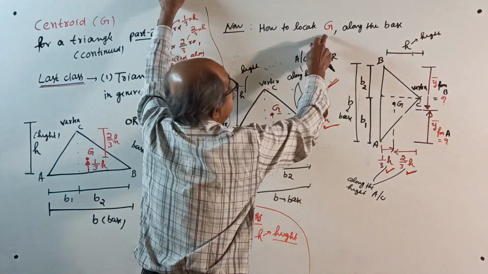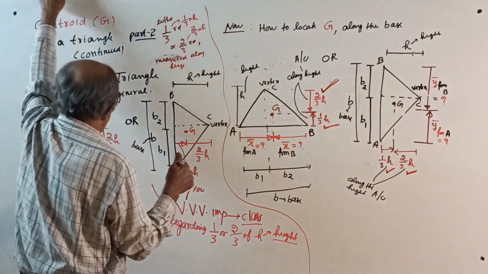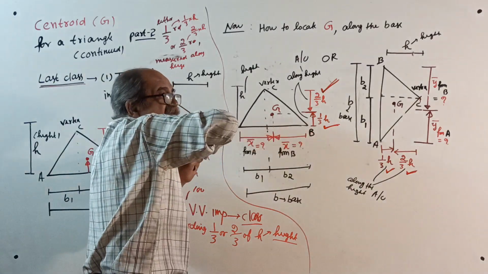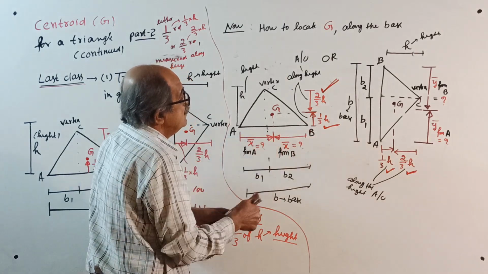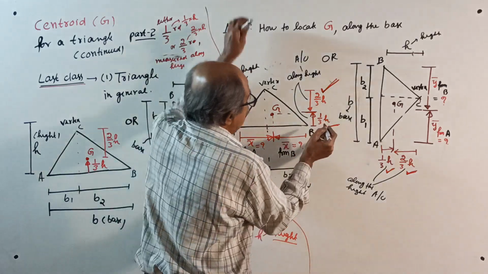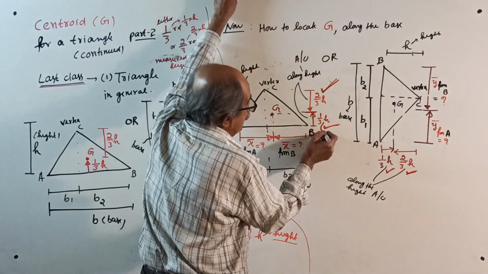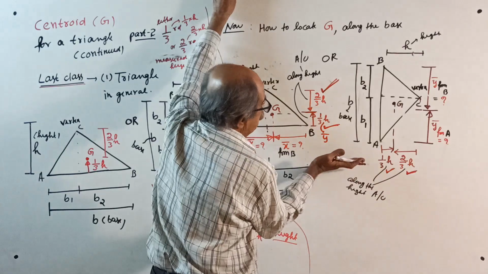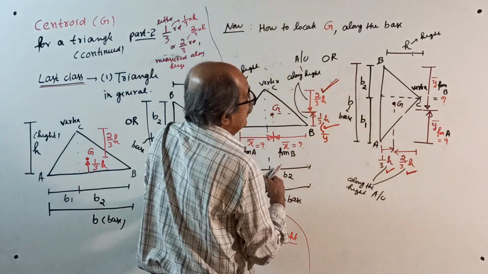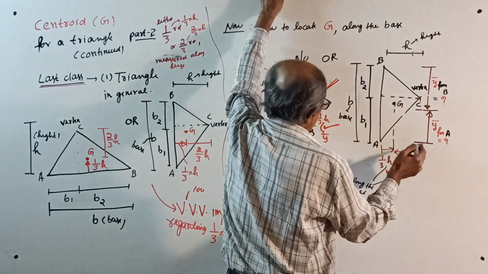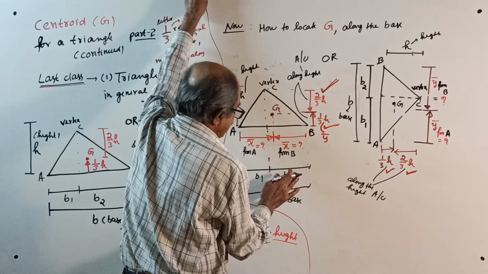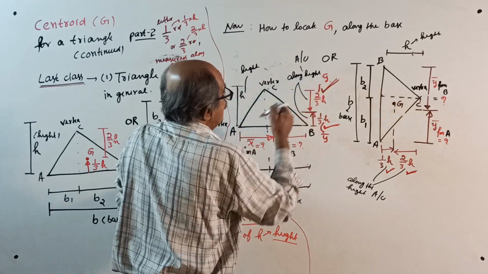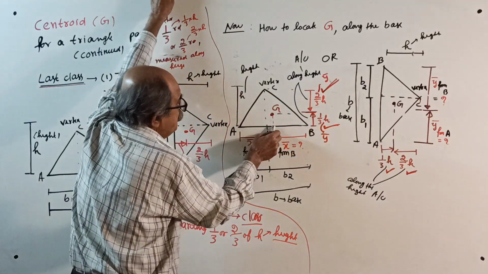Now, how to locate CG along the base, not along the height? That means, I marked CG here. What is this distance, and what is this distance? Here, this will be Y bar. This is your Y bar, this also is your Y bar, Y bar from base.